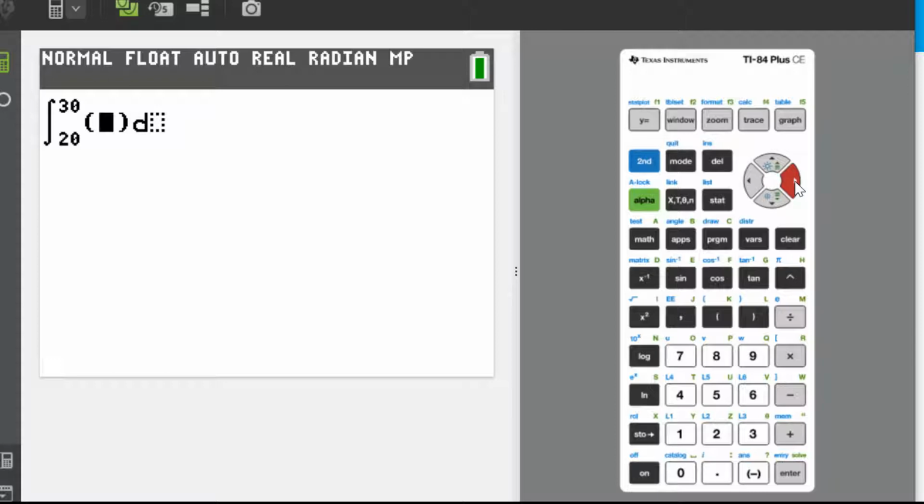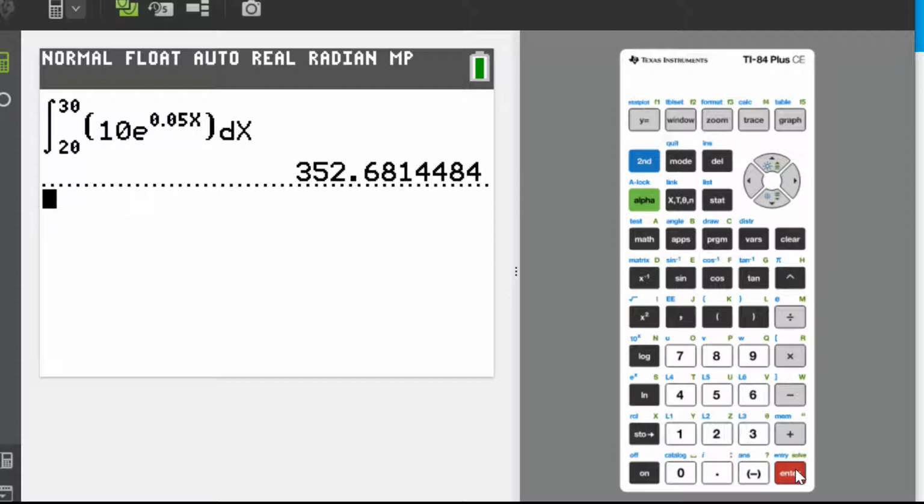Now, to where the function goes, key in 10 times, then to get to e to the x, do second ln, and for the power, put in 0.05x. Now, scroll over to the D, and where it's blinking, select X to let the calculator know you want it integrated with respect to X. Press Enter. The output is 352.6814484.